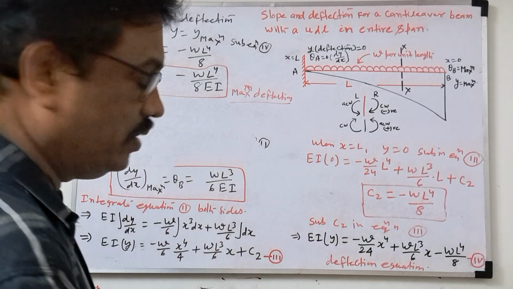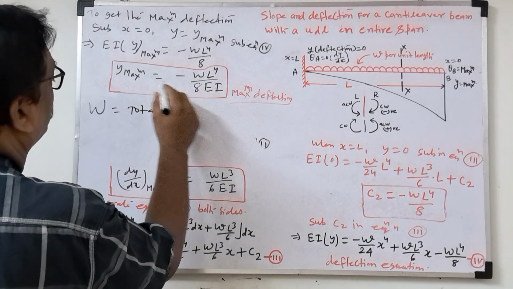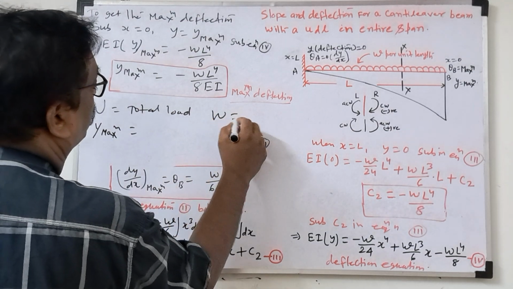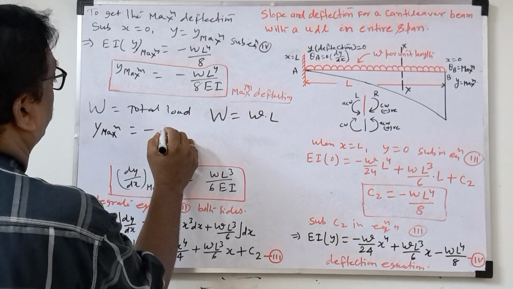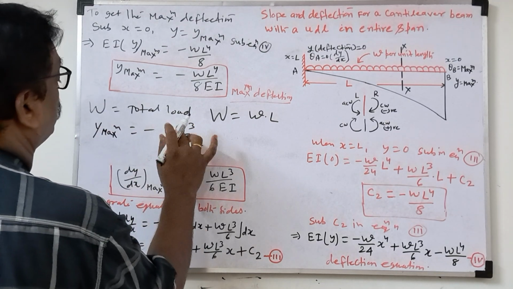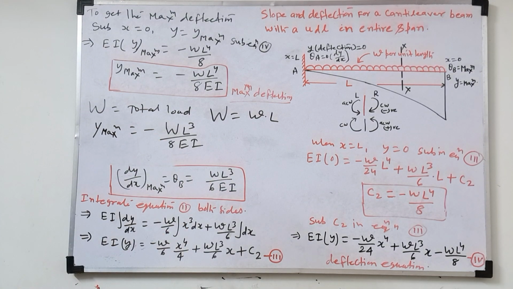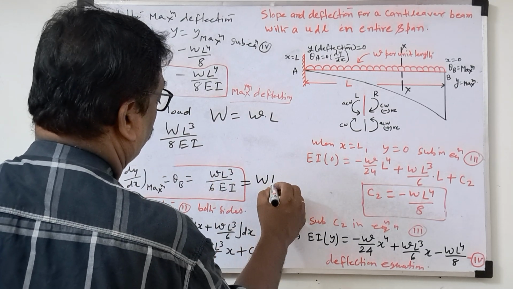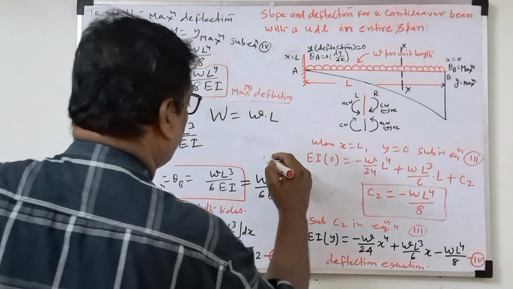The total load symbol will be capital W. If capital W is total load, then y maximum is minus W L cube by 8 EI, where capital W is small w into L. The slope will also change: W L square by 6 EI, where W is the total load.